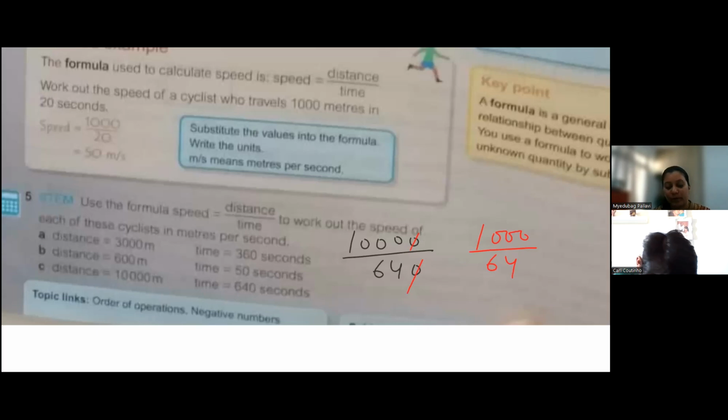I think it will go with 4. See what answer we'll get. First, simplify it to see what the common factors are, and at the end, just divide it and find the answer, either in decimal or in fraction.